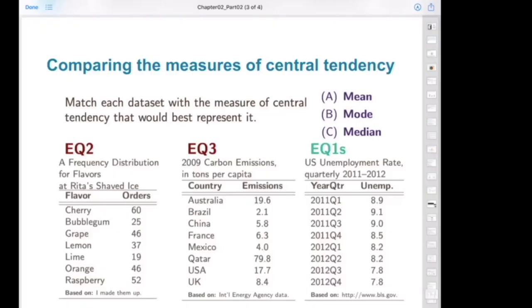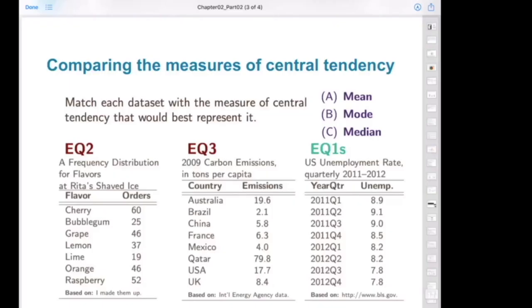So all these numbers are close to each other. There are no outliers. I can use the mean as a center of this data in this case. Okay, so the correct answers for EQ2 is the mode, for EQ3 is the median, for EQ1S is the mean.